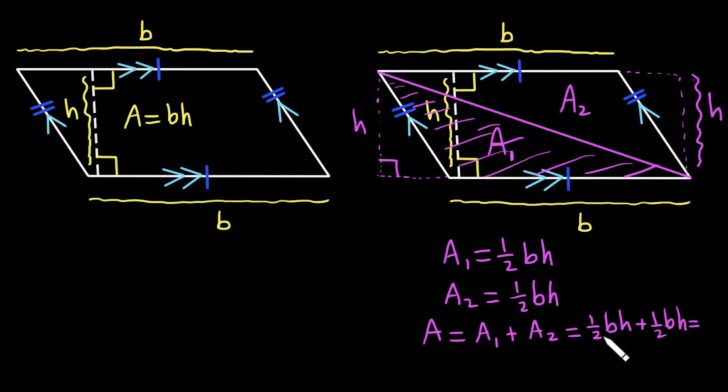The answer will be half BH plus half BH, which is BH. So we found the area, which is BH, exactly the same as this one.